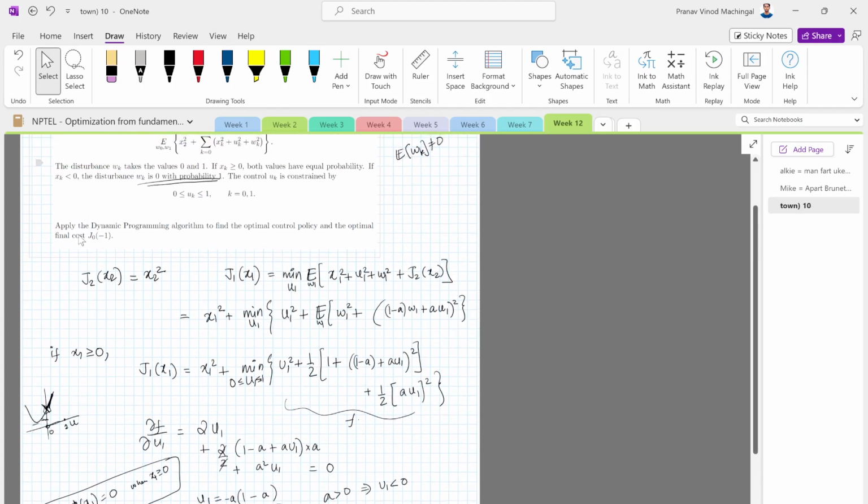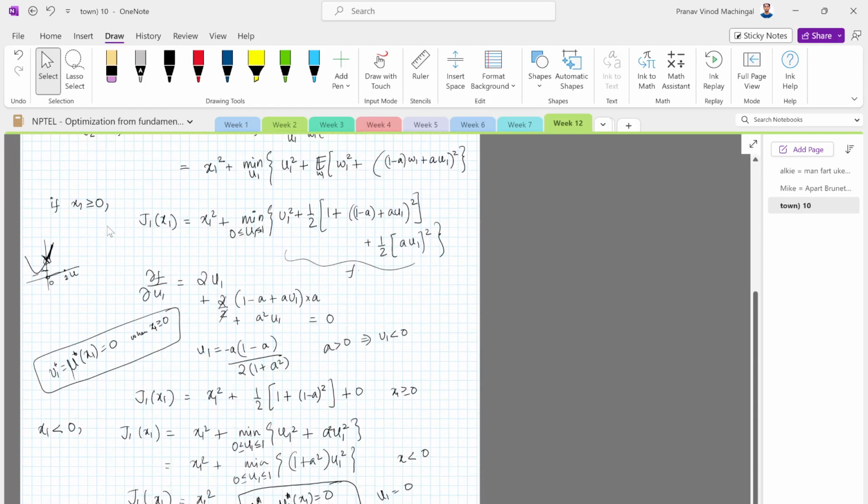So x0 is minus 1 means we need to consider the case where x1 is negative for w0, and w0 is 0 with probability 1. But x1 can be both positive or negative.